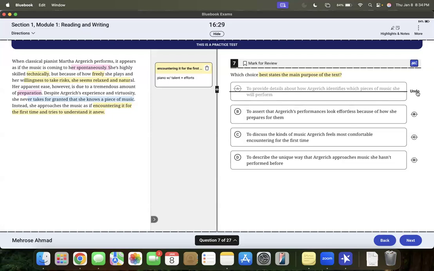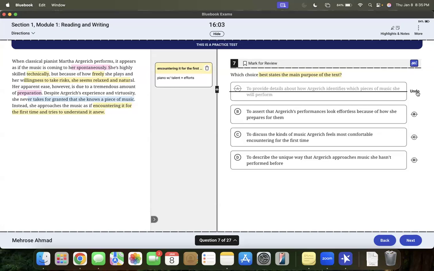B, to assert that Argerich's performances look effortless because of how she prepares for them. Okay, well, this is definitely plausible because the first sentence says, when she's performing, it seems like it's just coming to her naturally and she plays freely and she takes risks. But at the same time, that is because she works so hard.